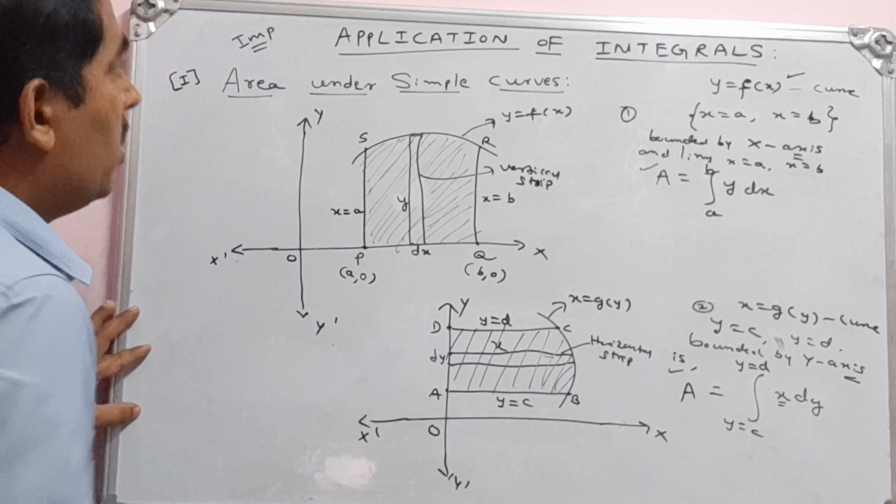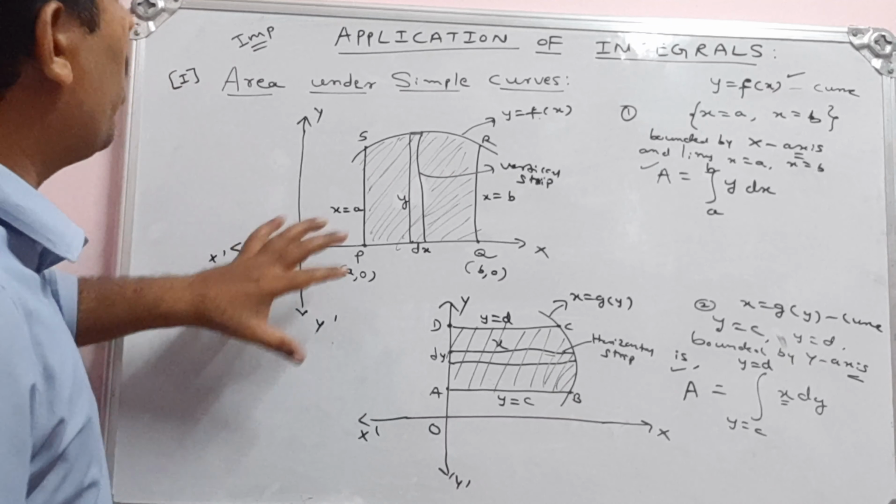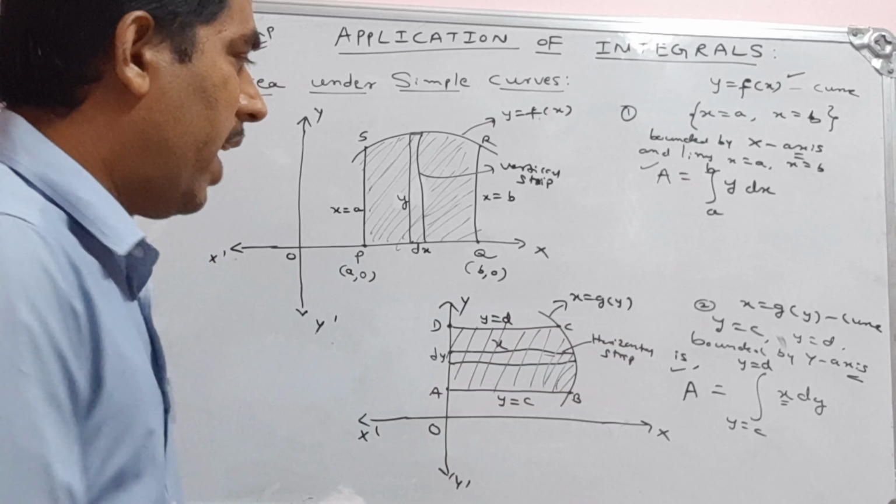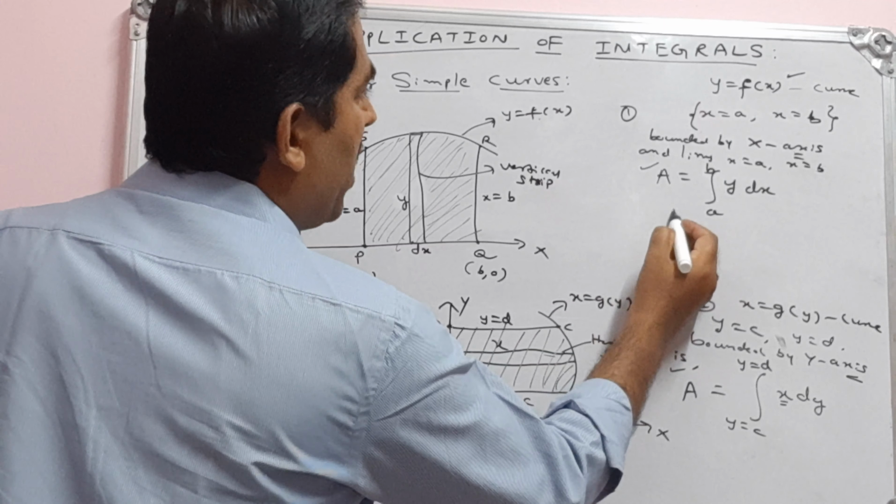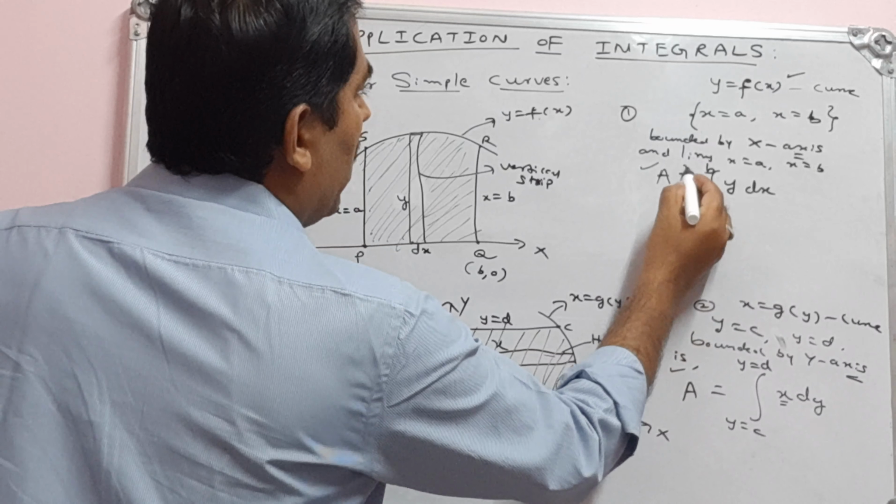In this way, we can use integrals to find the area under simple curves. So remember this: x is equal to a to x is equal to b, and y is equal to c to y is equal to d. These are the points here.